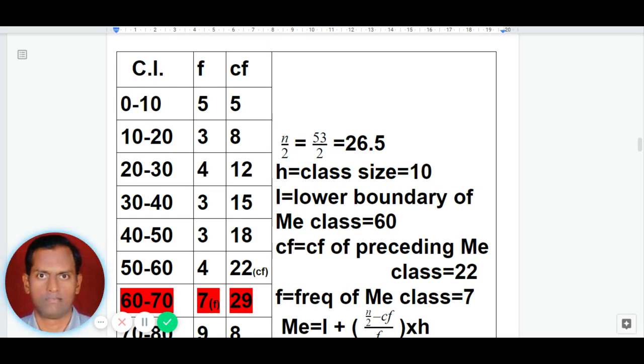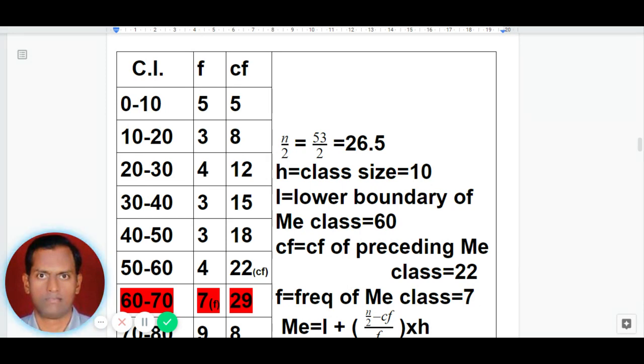How to find cumulative frequency? This is less than cumulative frequency. Less than 10 is 5. Note down this 5 as it is here. And in the next column, 5 plus 3 is 8.